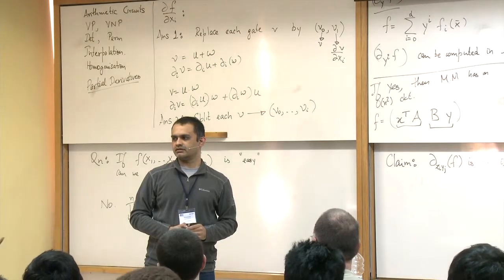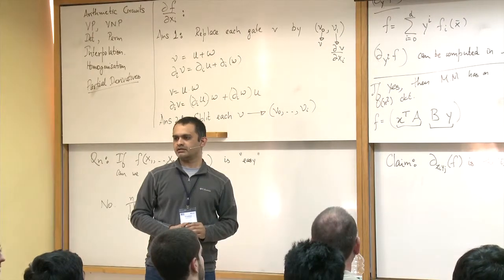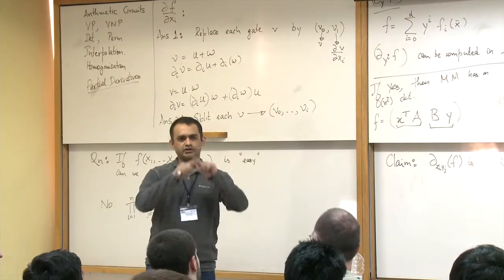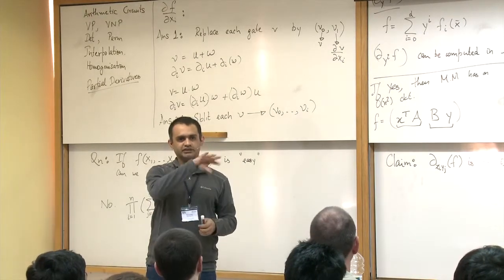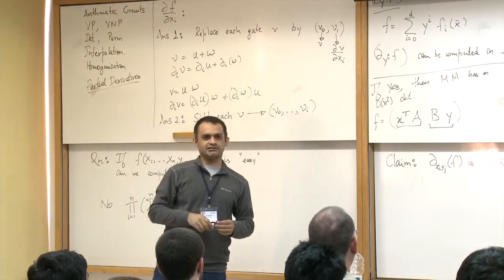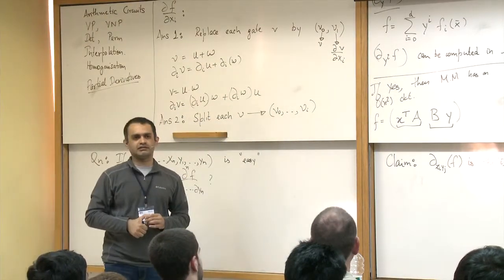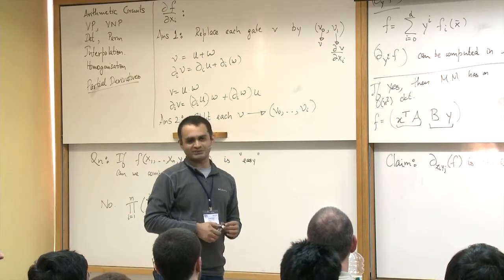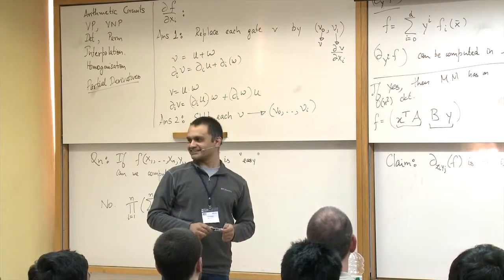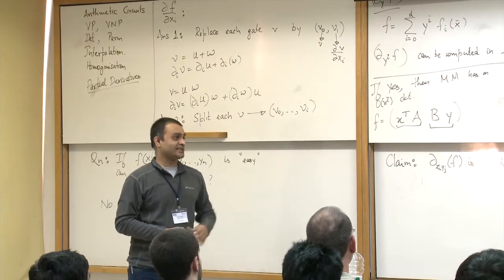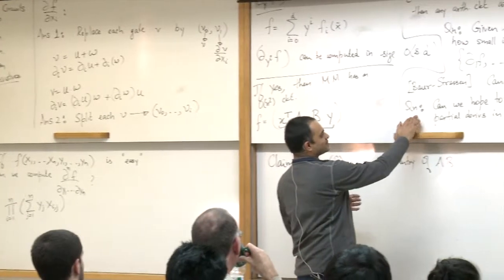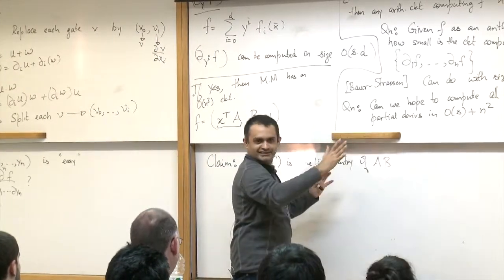You could compute all second order derivatives in s times n: you compute all first order derivatives with this, and then you compute all the rest. Is it known how to do order s plus matrix multiplication? No, even that is not known. Anyway, hopefully this question makes this more surprising.